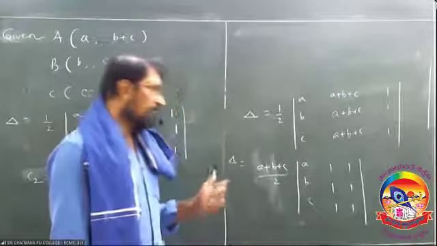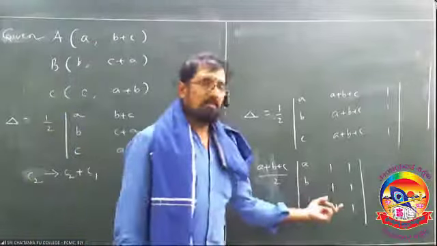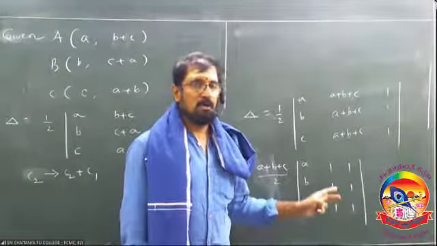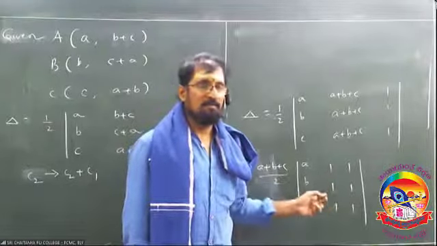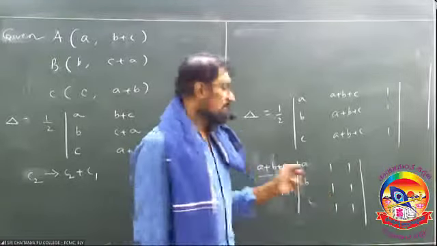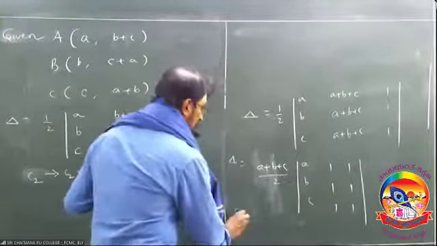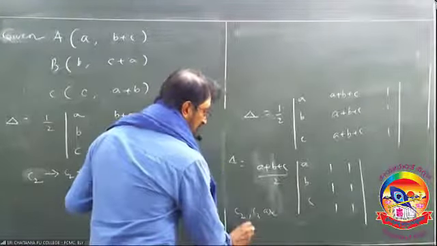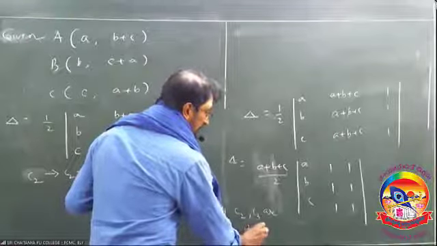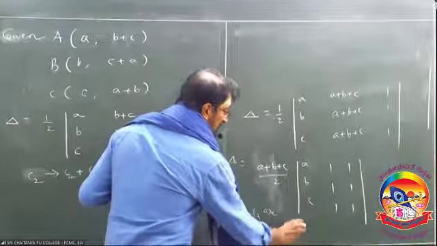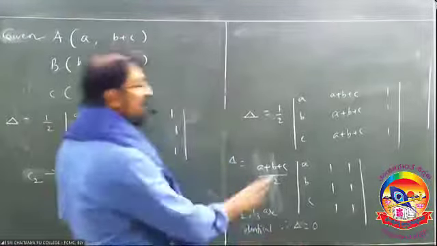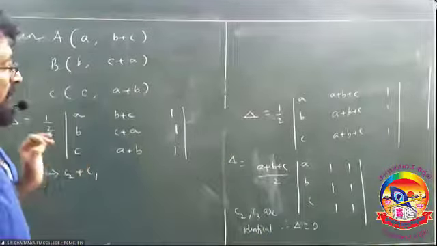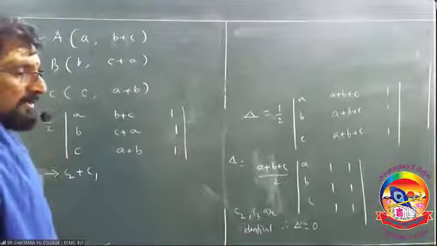I am repeating: in any determinant, if two columns or two rows are identical, then the value of the determinant is 0. Therefore, here C2 and C3 are identical. Therefore, delta is equal to 0. In the last step you can write, therefore, the given points are collinear.